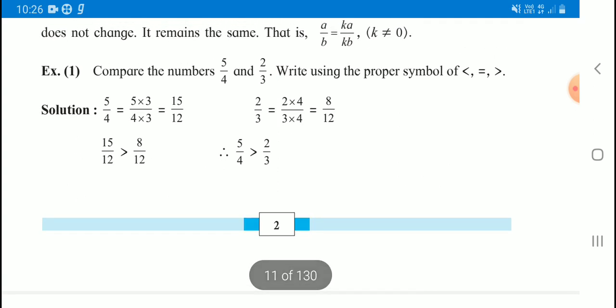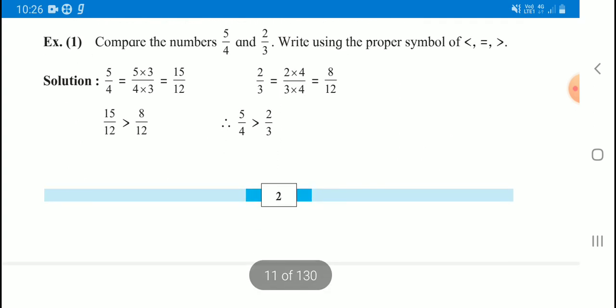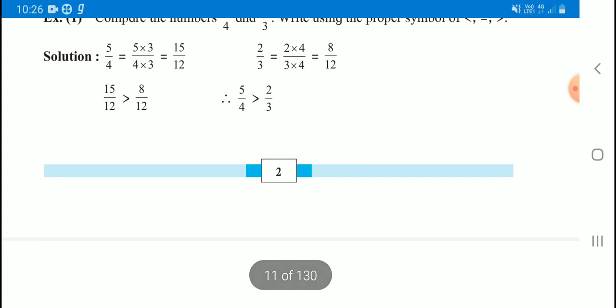Now another rational number is 2 upon 3. Here also we have to make the denominator 12, because we want equal denominators for both the rational numbers. Then easily you can compare the numbers. So when you multiply 3 by 4, you will get the denominator 12. So by that same number you have to multiply the numerator also. So 2 multiplied by 4 upon 3 multiplied by 4 is equal to 8 upon 12.